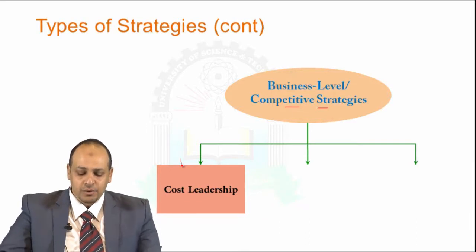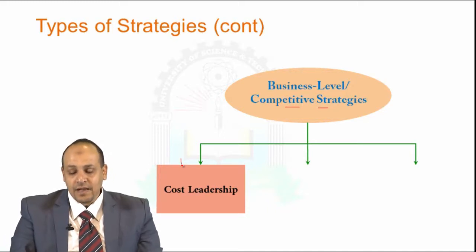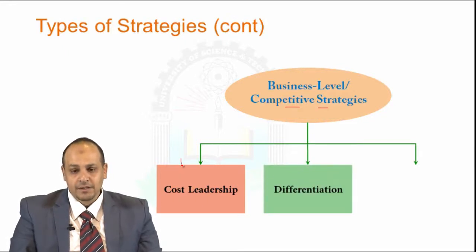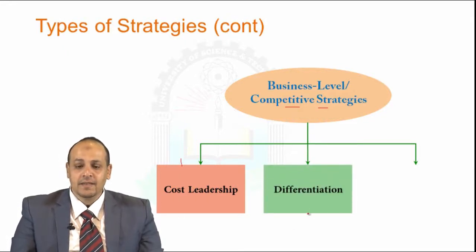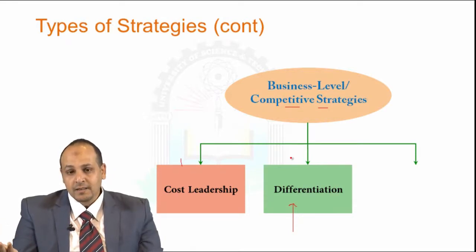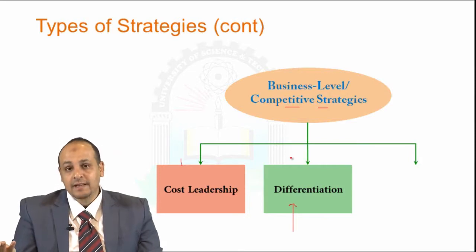Another strategy is called differentiation, which is very important. This kind of strategy is very common in today's business, especially in very competitive markets. Differentiation means that the company must come up with something different, which may become a competitive advantage that other competitors will not be able to come up with. So it is something different that the company has, other competitors do not have.